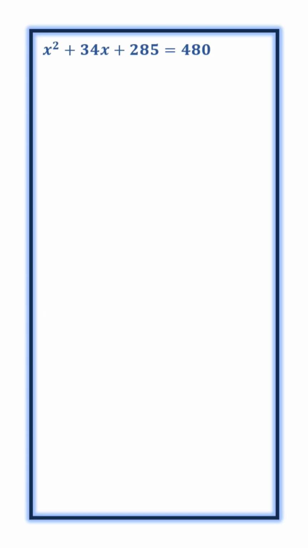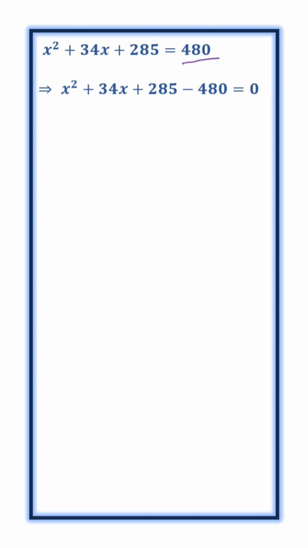Now let us move 480 to LHS. So the equation now is x square plus 34x plus 285 minus 480. Since it has been moved to LHS, the sign changes here. Now observe these two are like terms.